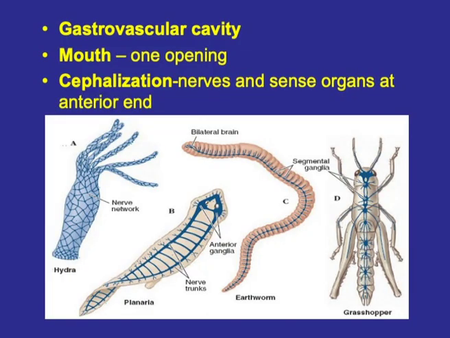They have a gastrovascular cavity, but only one opening which acts as the mouth. And cephalization can be seen in these organisms. That means the nerves and sensory organs are present towards the anterior end of the organism.